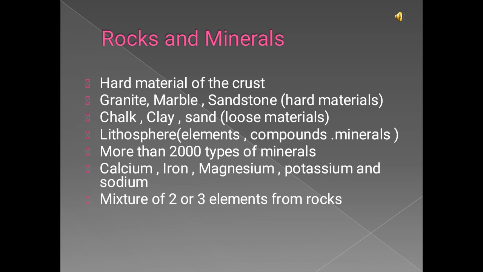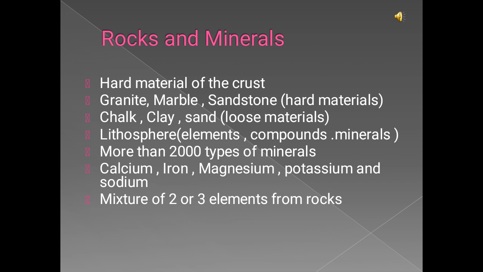Now, the smallest component of the Earth's crust or lithosphere is the element. More than one element of the Earth's crust can form compounds which are known as minerals. The main mineral groups are silicates, carbonates, sulfates, metal oxides, etc. Minerals are a combination of elements which occur naturally in rocks.